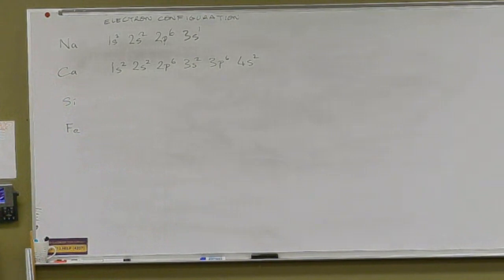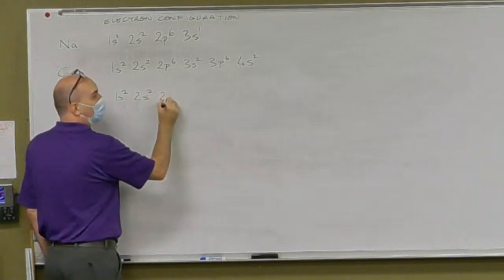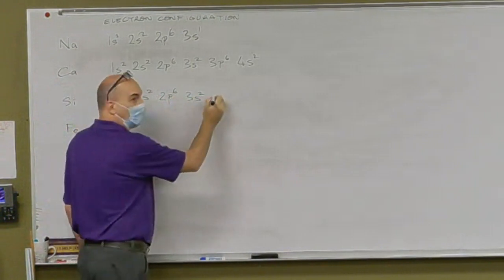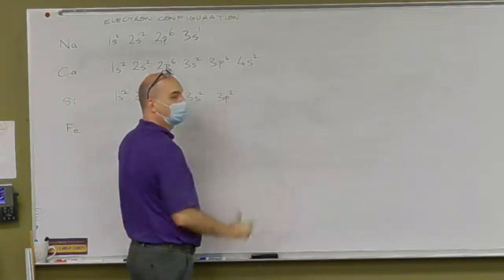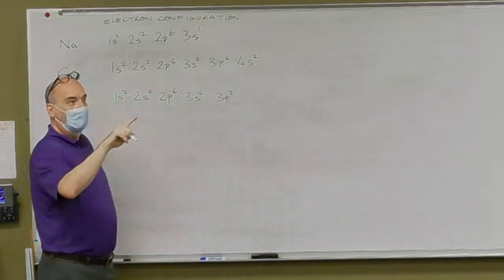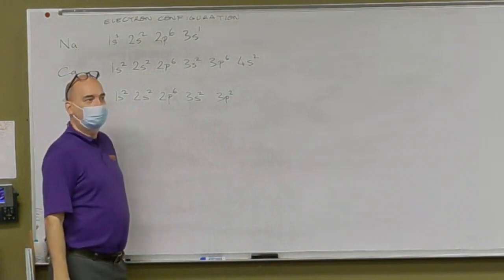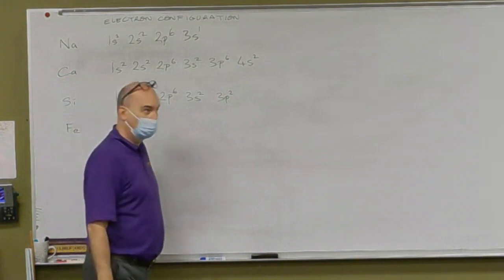Now, group 4 is the second position in the P block for period 3. So this one goes 1s2, 2s2, 2p6, all the way across the second period into the third period. And when I get to the 3 Ps, I only need to count 2 positions in. If you've got a periodic table in front of you, stick your finger on it and count. Aluminum would be 3p1, silicon gets to be 3p2. All right, iron, off you go.